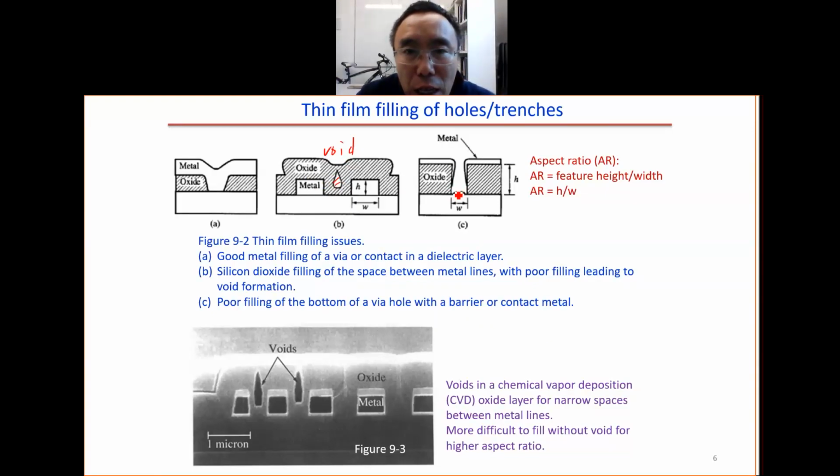The filling of the bottom part is not good. The poor filling of the bottom of the via hole, which has a barrier or contact metal, is also a problem. This is an SEM image where you can see the void. Usually, the higher the aspect ratio, the more difficult it is to fill the trench or holes.